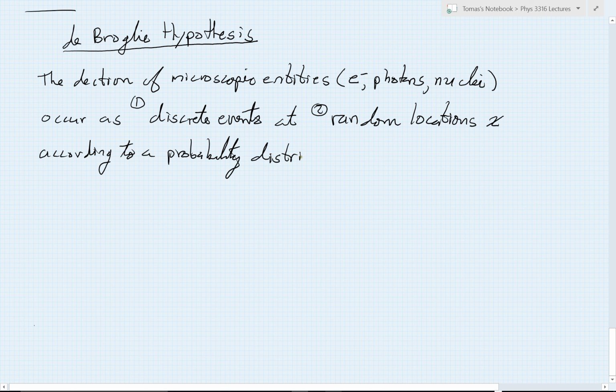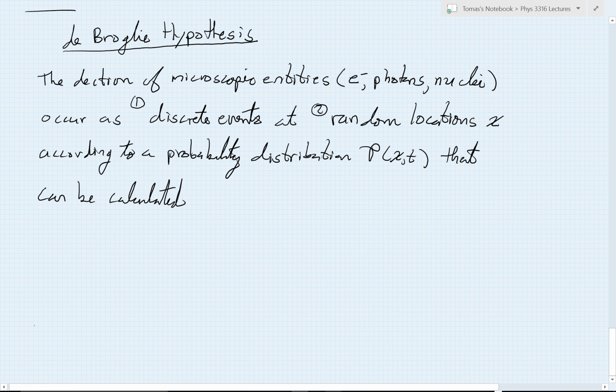Now this probability distribution, which I can call P of X: they're random, occurring according to a probability distribution. But the key thing about this probability distribution is we know how to compute it. That can be calculated as, and this is a key thing, number 3, a superposition of waves.